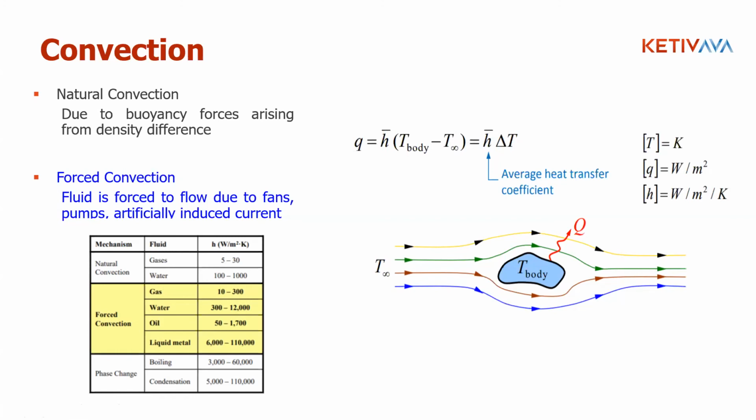So depending on which turbulence model you choose in Fluent, how you resolve your boundary layers, whether they are being resolved correctly, this H value can be highly sensitive to these additional variables. So the best practice is to actually model the fluid flow over the body instead of just assigning a heat transfer coefficient to estimate the heat transfer overall.